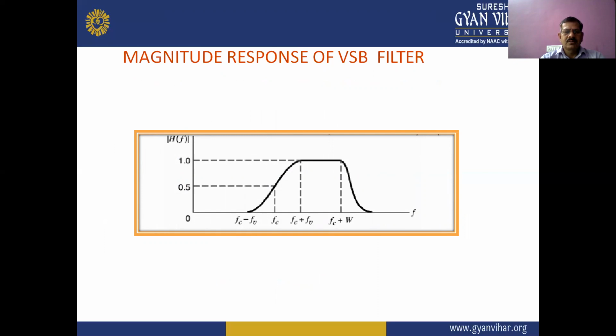In this diagram, the representation of the magnitude response of the VSB filter, that is, the transfer function versus frequency.